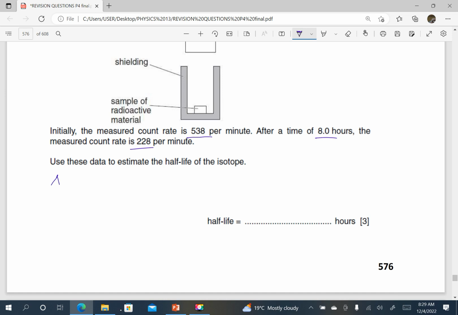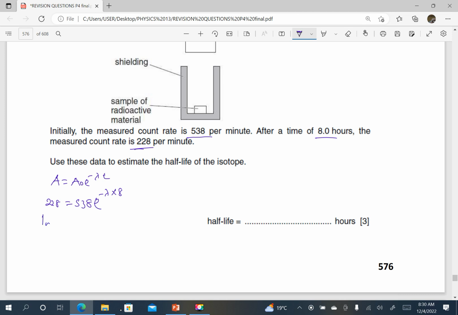So we know that activity is equal to the initial activity times e power negative lambda t. So after some time, the activity is 228. Initially, it was 538. So this will be e power negative decay constant, with decay constant lambda. The time is 8 hours, so this will be times 8. So I introduce ln.